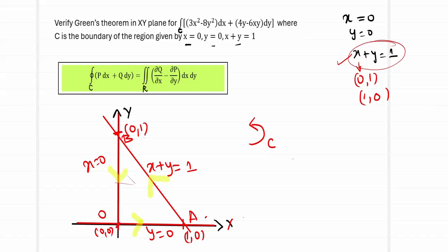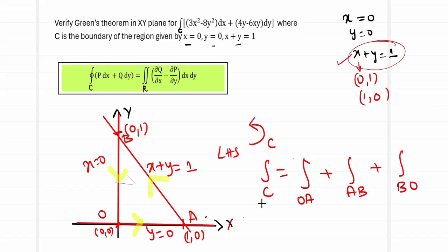So the integral along the closed curve C on the left hand side can be split and written as three integrals: along the line OA, along the line AB, and along the line BO.